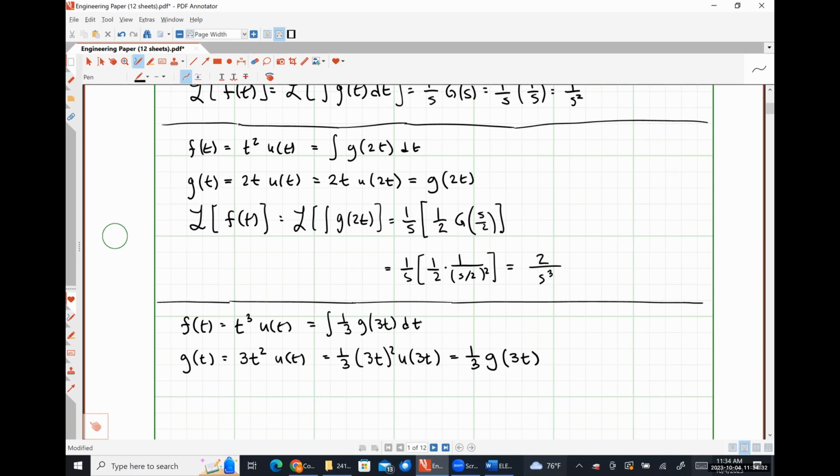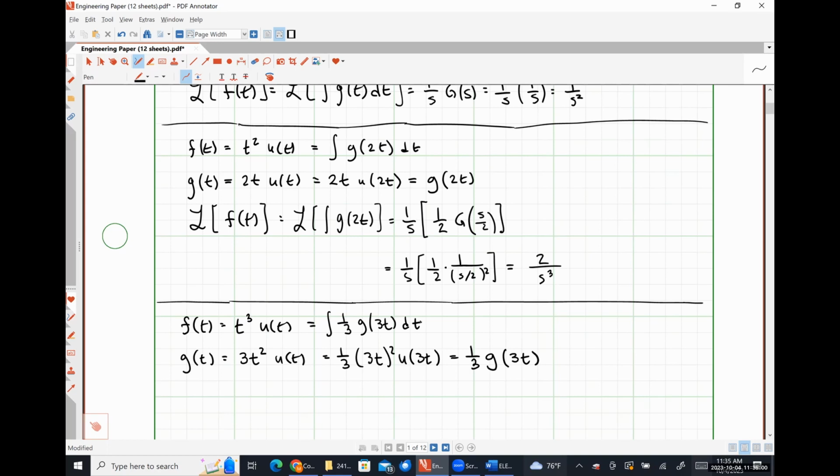So in our class meeting last Wednesday, we covered all of these properties and they're also literally on the table. If you look at your table for time integration, the integral of a function is 1/s times the Laplace transform of the function in the s domain. That's all that I'm doing right here. This 1/s is for my integral.